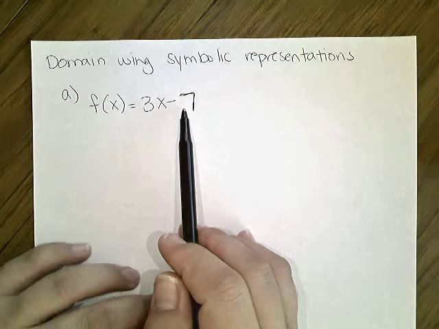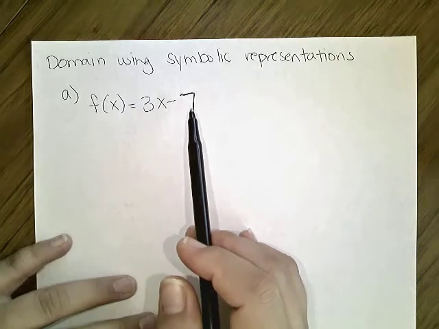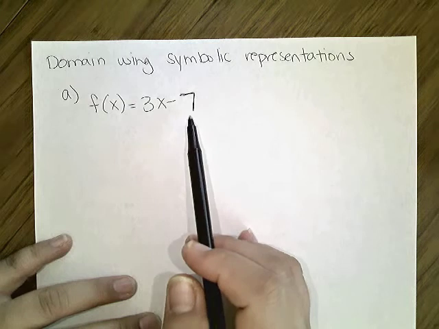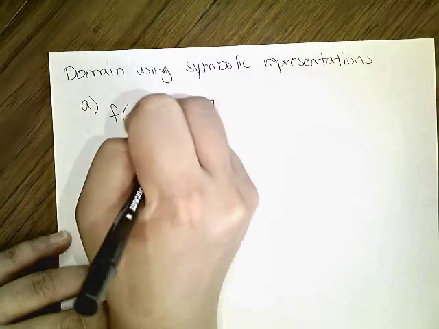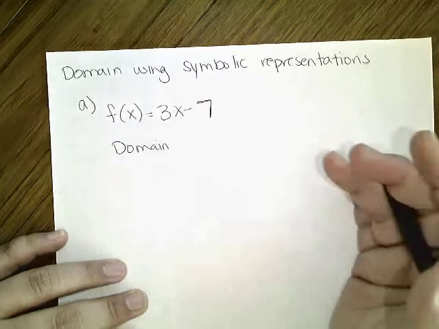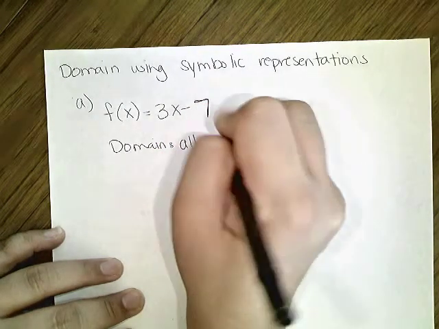A linear function has a domain that normally is what's called all real numbers, from negative infinity to positive infinity. So the domain here, everything, we can plug in anything we want. So we can either say all real numbers.